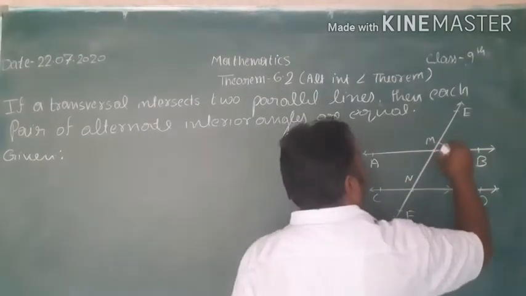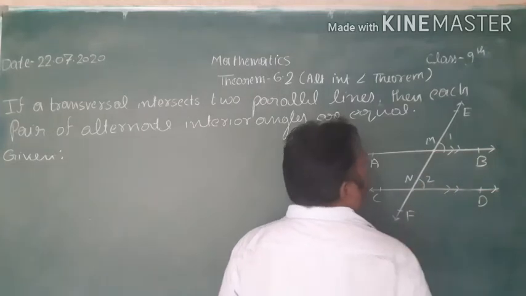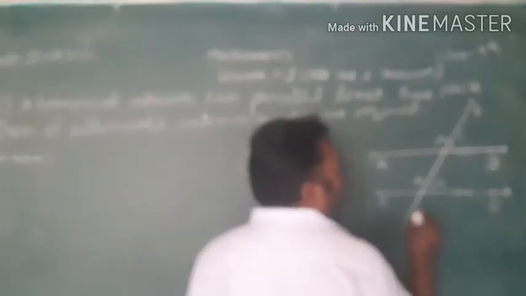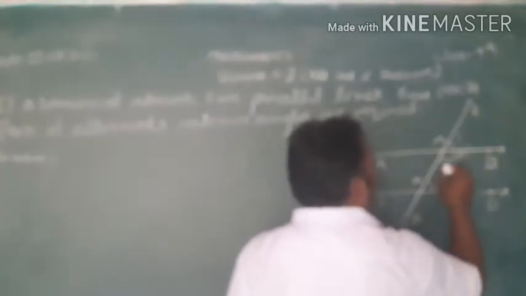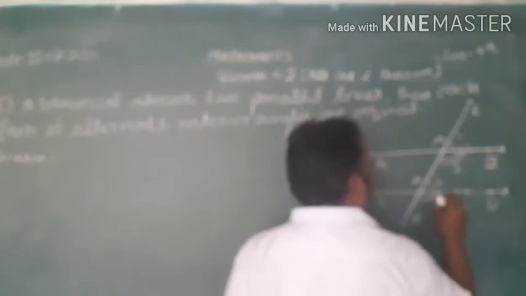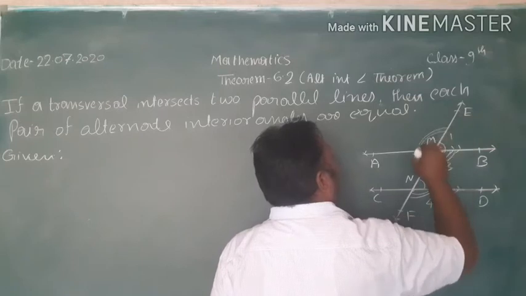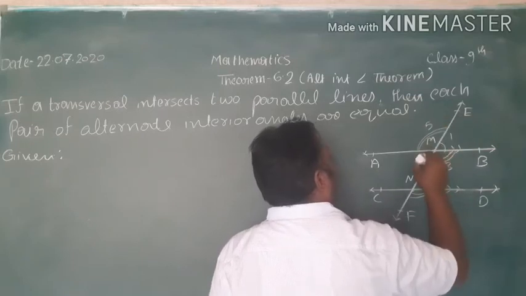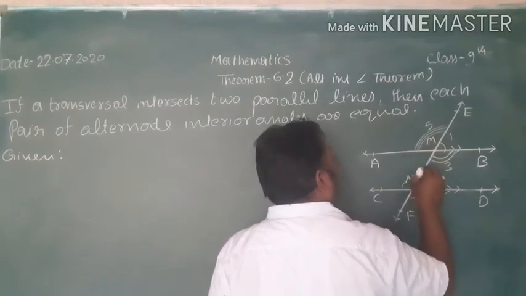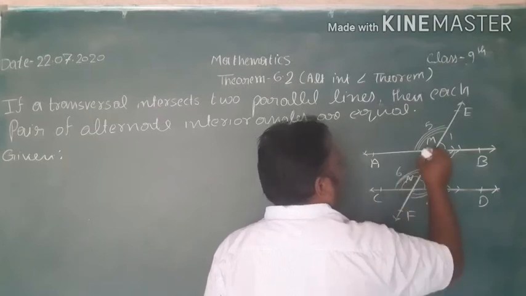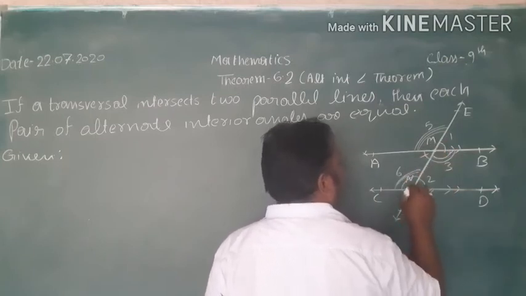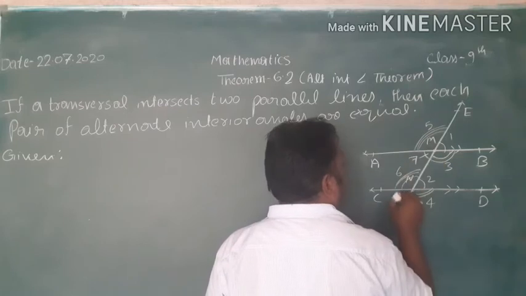So these angles are angle 1, angle 2. These are the alternate interior angles. Another angle is 3. Suppose this angle is 4. Another angle is 5, this angle is 6, this angle is 7 and this angle is 8.